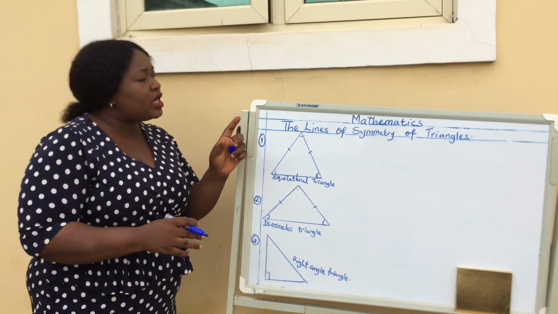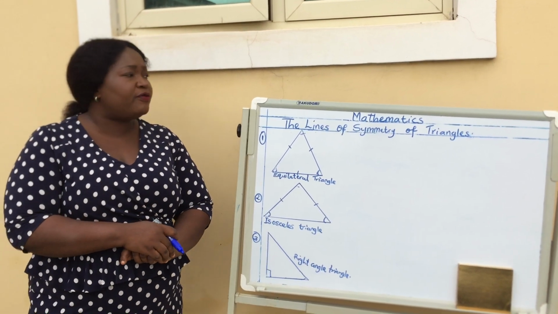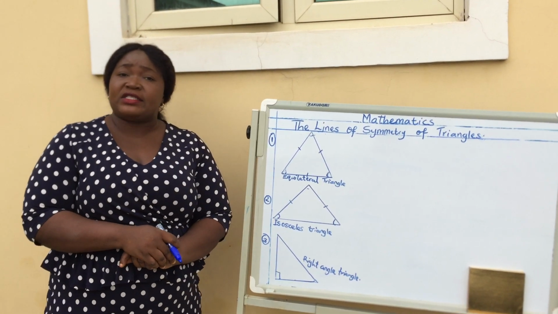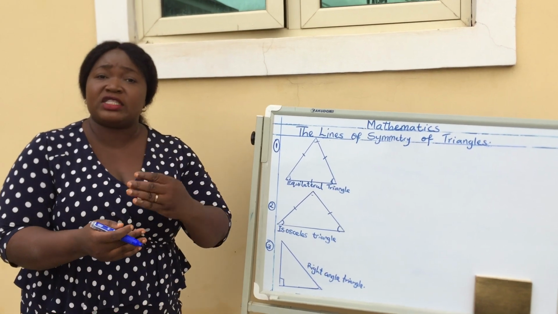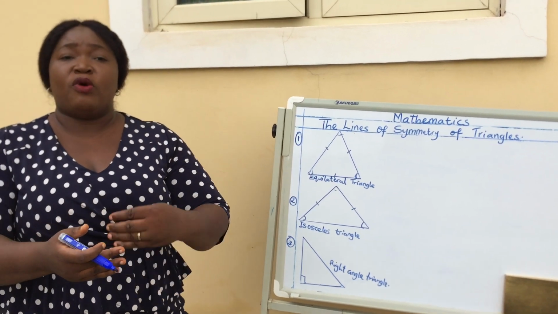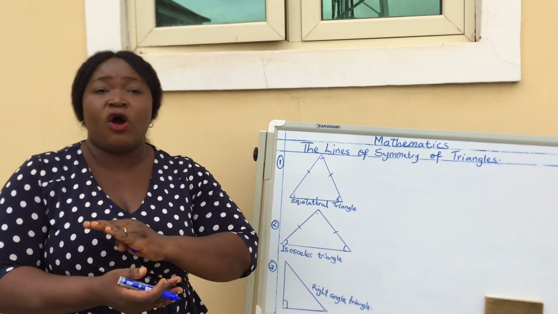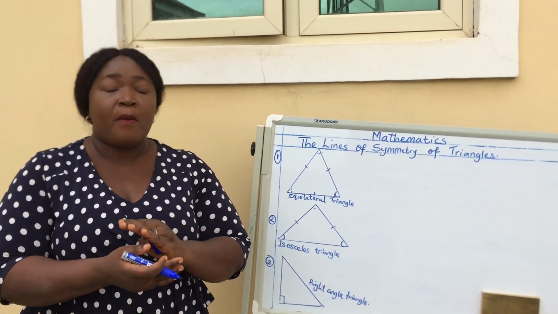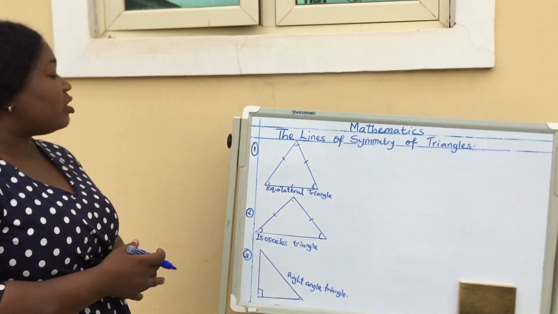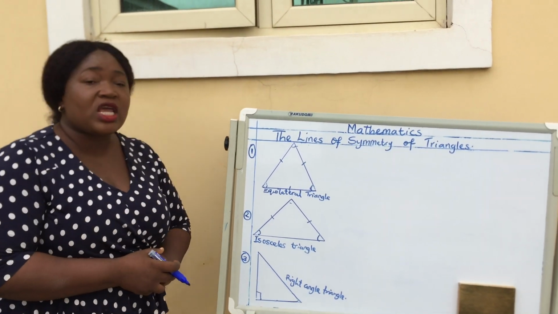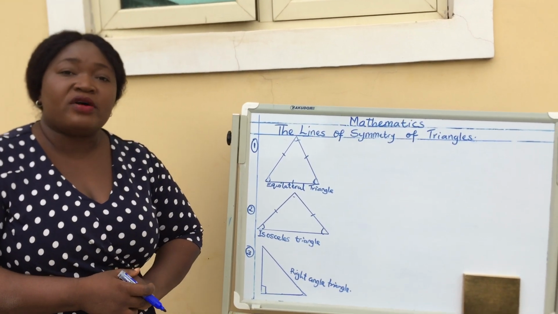Now talking about the line of symmetry of a triangle. Remember I said line of symmetry is simply the lines that show in how many folds a shape can be folded to obtain equal parts. So an equilateral triangle has three lines of symmetry.